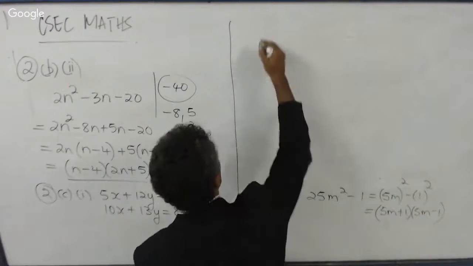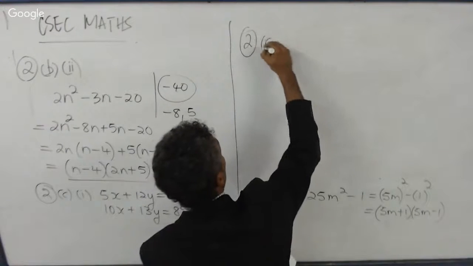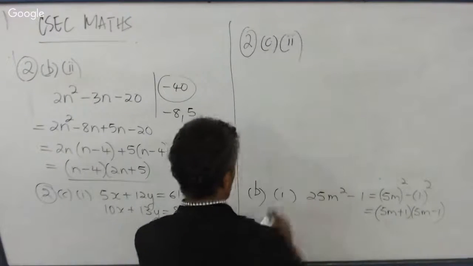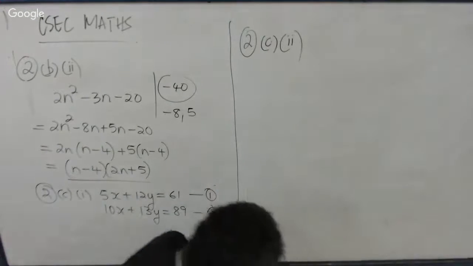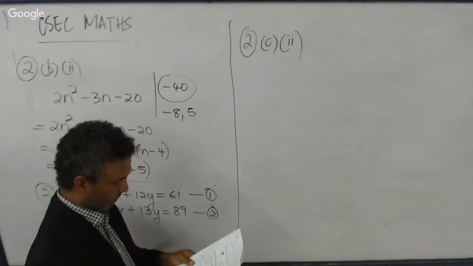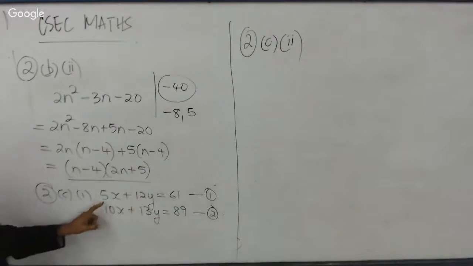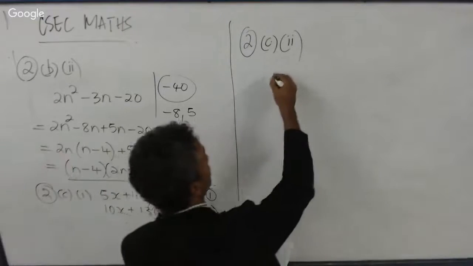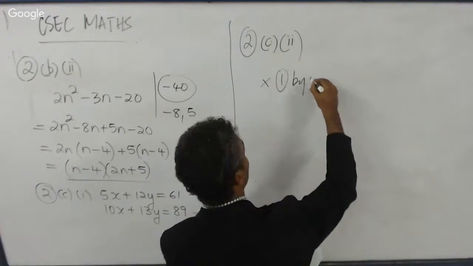So 2C part 2. Calculate the mass of one lollipop. Let's say we want to get rid of x. We have the same sign. I could get rid of x by multiplying the first one by 10.